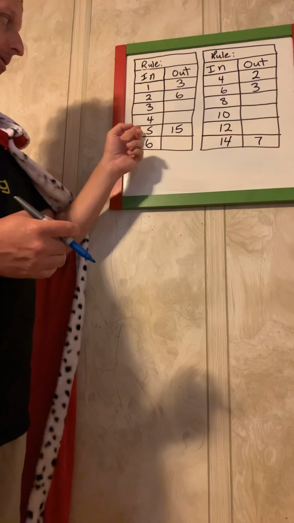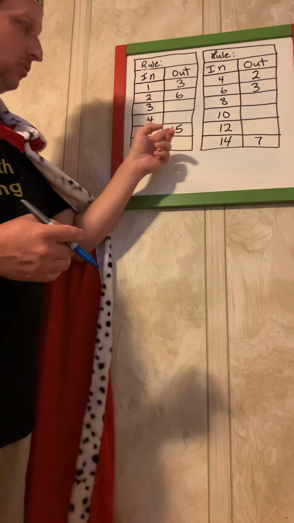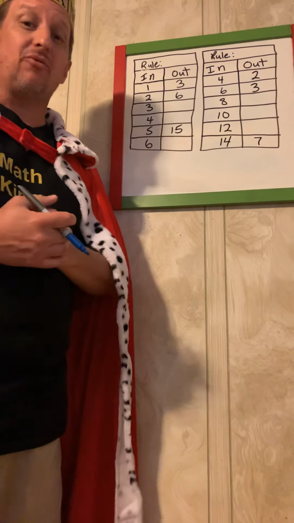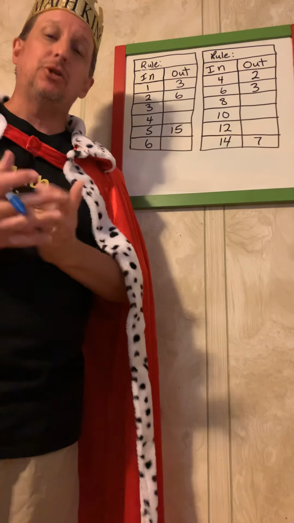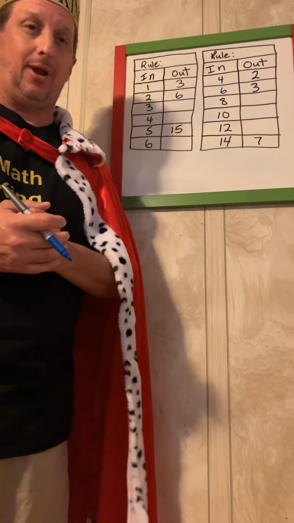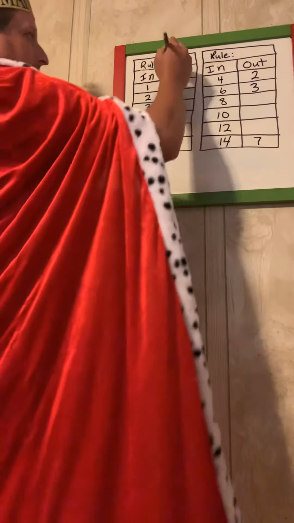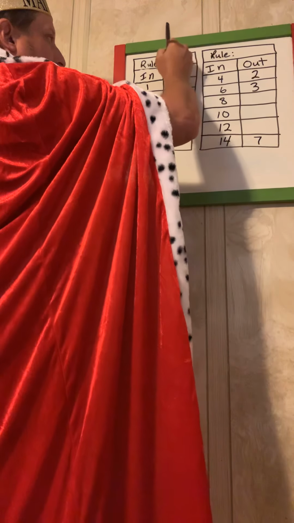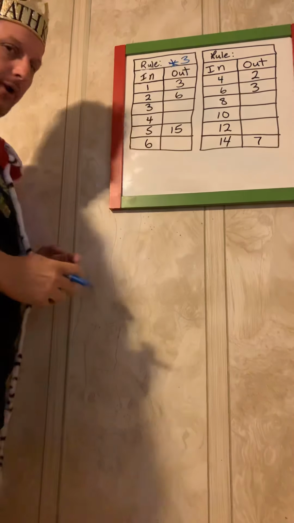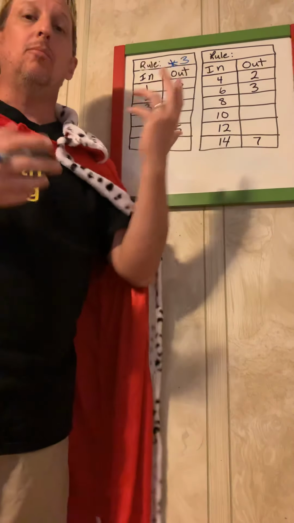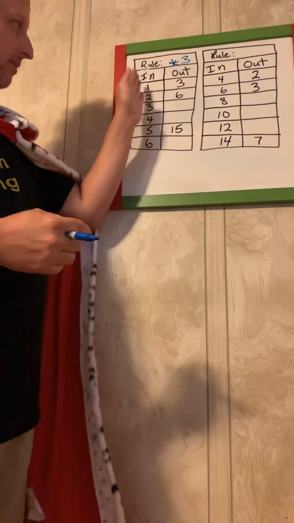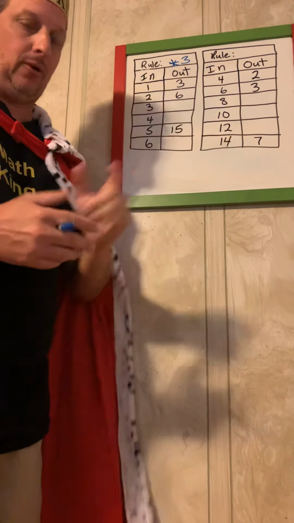Let's check the other one. 5 times 3 equals 15. Well, since it worked for all three of those, I'm pretty sure that it's times 3. That's going to be my rule, so I'm going to write that at the top. Times 3. My rule is going to be multiply all of the inside by 3.